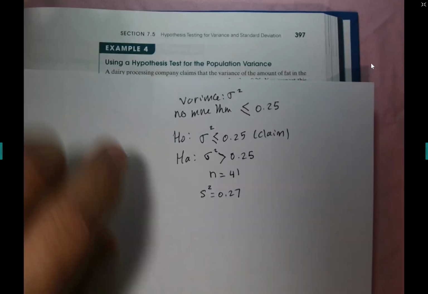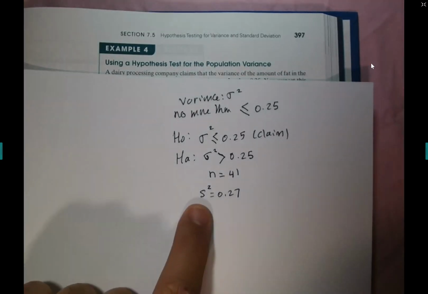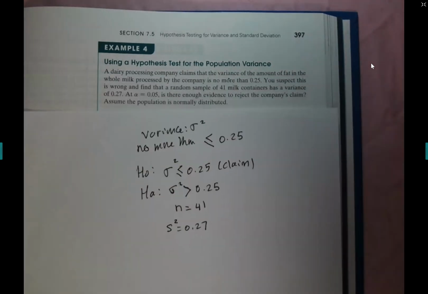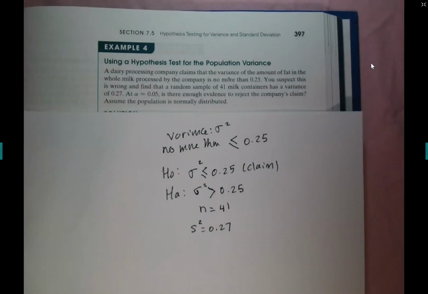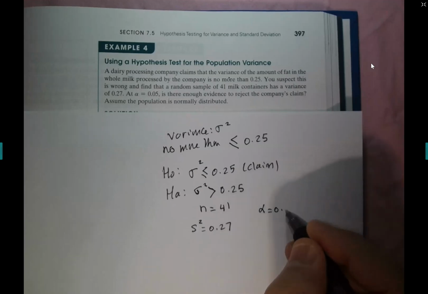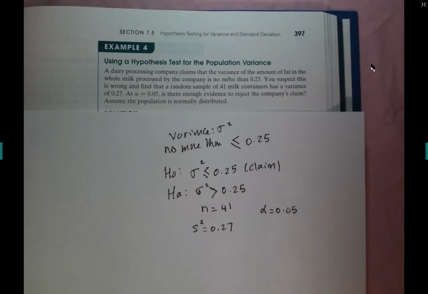If he says a sample standard deviation, you put S, but he says a variance, so S squared is 0.27. At alpha equals 0.05, is there enough evidence to reject the claim? Assume that the population is normally distributed. So alpha is 0.05. Can we reject the claim?